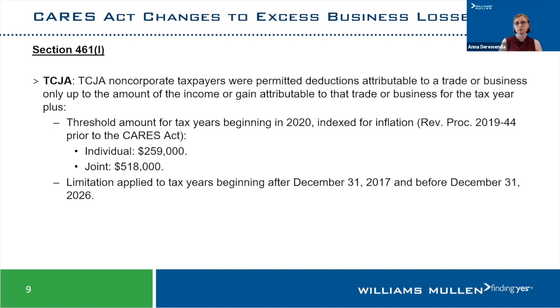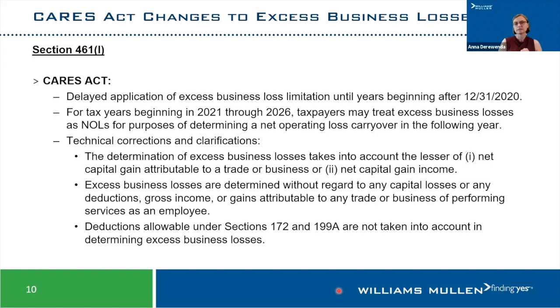Except to the extent of, I think it was $250,000 indexed for inflation, which was provided by Rev. Proc. 19-44 prior to the CARES Act. So the CARES Act basically delayed the application of this until years beginning after December 31st, 2020.